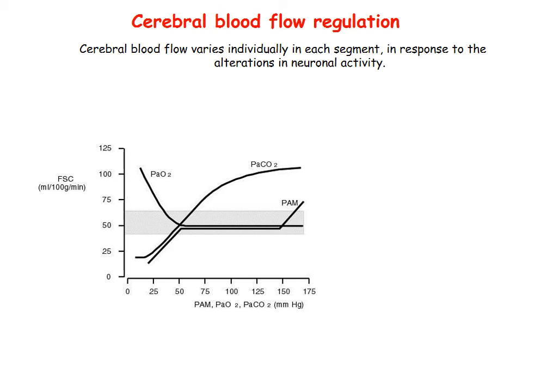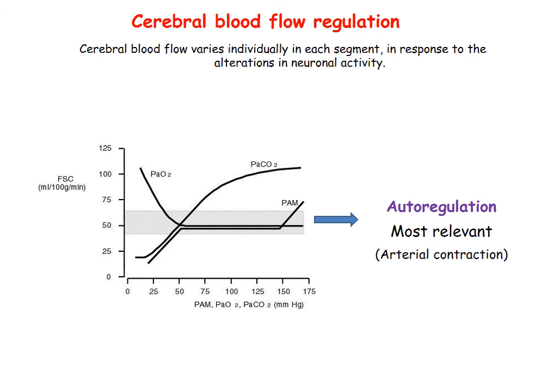There is also a metabolic regulation, which is controlled by the carbon dioxide pressure and the oxygen pressure. If there is an increase in carbon dioxide, there will consequently be an enhancement in cerebral blood flow because there will be a production of protons which induce a vasodilation in the cerebral vessels.